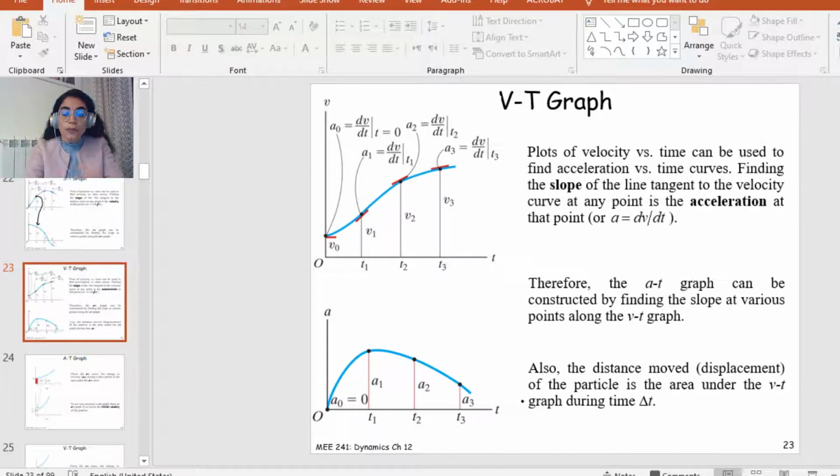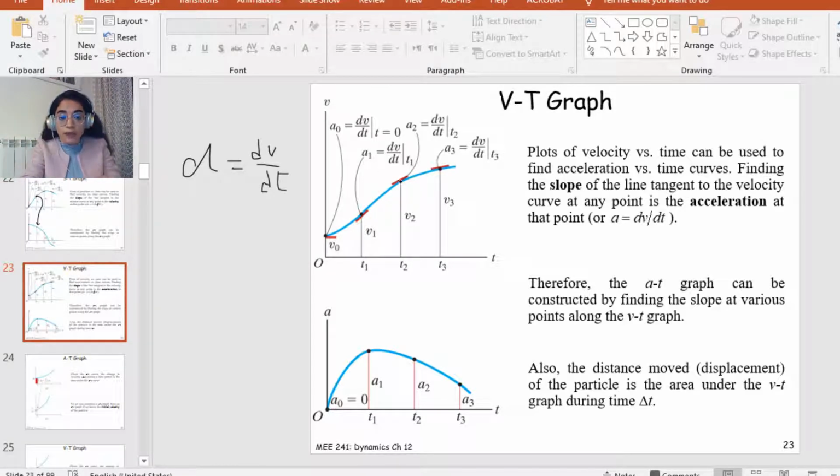Now, if I know v versus t, can I find the acceleration? Guys, yes, of course, because I know also that this acceleration is equal to dv/dt. So this is the instantaneous equation of acceleration, which means, guys, if I know the graph of velocity versus t and I can find the slope of the line tangent to this velocity curve at any point, I can find the acceleration at this point or at this time.